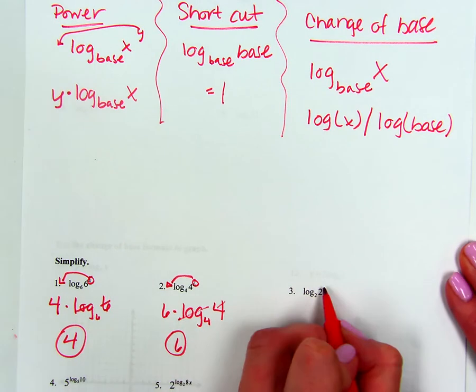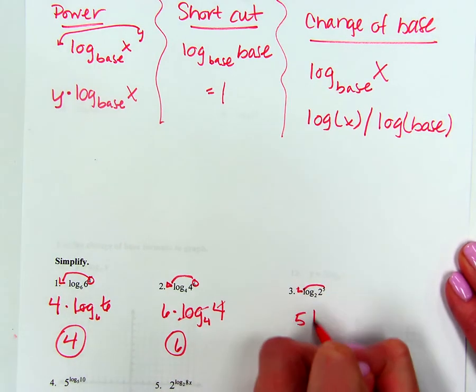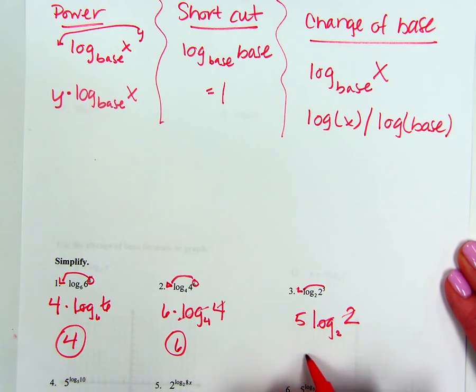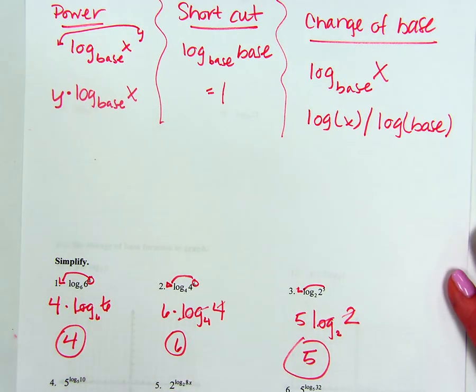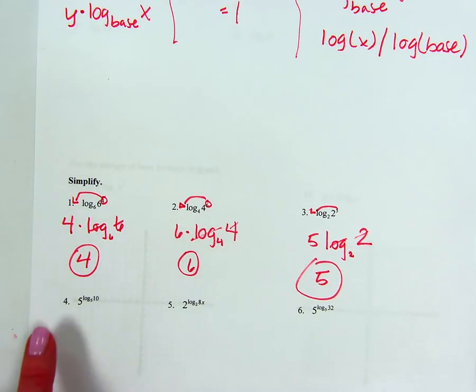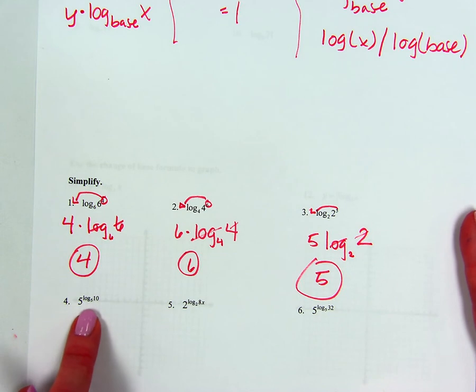Same thing on 3. We'll bring our 5 around, and we're going to cancel those out, and we're left with just 5. If we look down at 4, it looks a little bit different than what we have here, but it follows along the same guidelines.